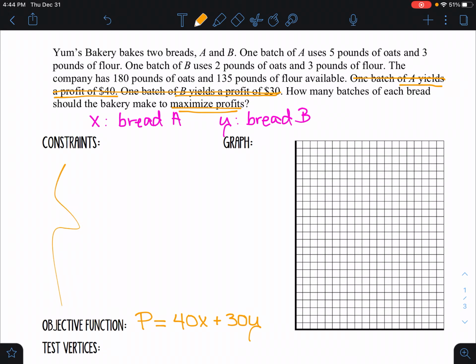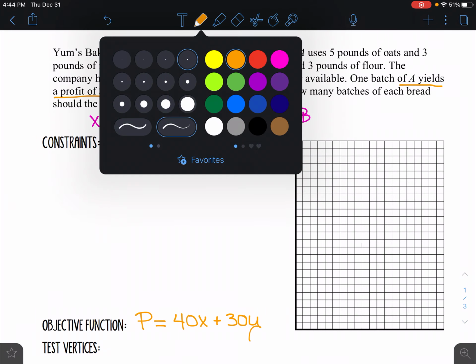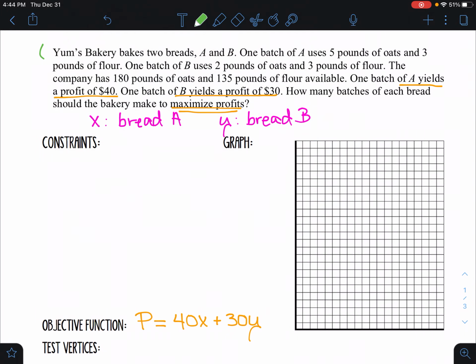Okay, so I don't want to get confused with that. Those are already done. So just kind of keep that in mind. So now really I'm just going to focus on this top part here, these things right here. Okay, so now that should consist of my constraints.